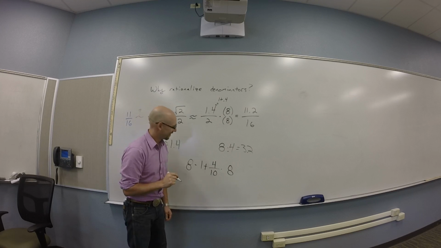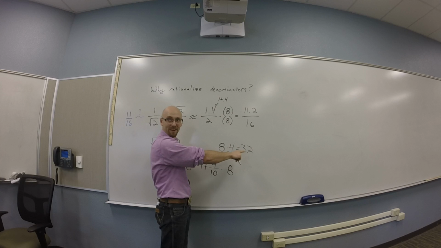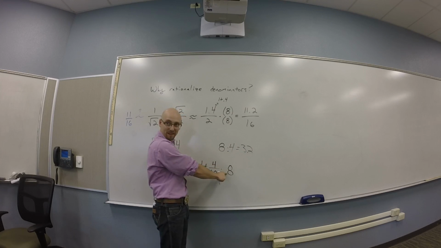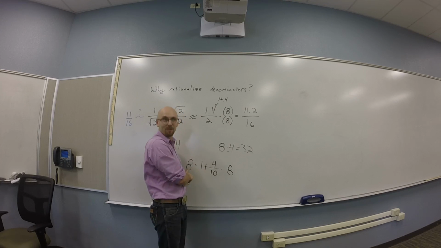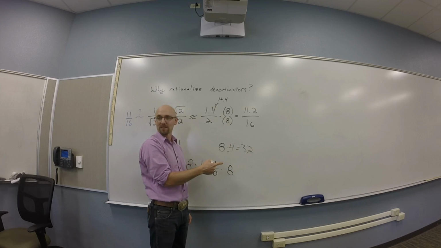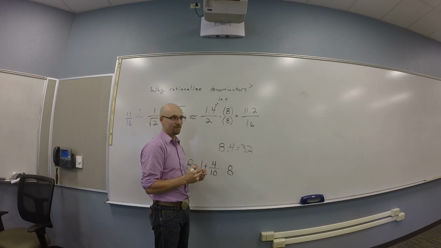Okay, so I did 8 times 4, I got 32, that was me doing this step. Then I kicked the decimal place over 1, that's that step. And then I added it back to 8. I'm just showing you why it worked. So if you want to know a percentage increase, multiply by the percentage, kick the decimal to the appropriate spot, then add it back to the beginning. Cool?